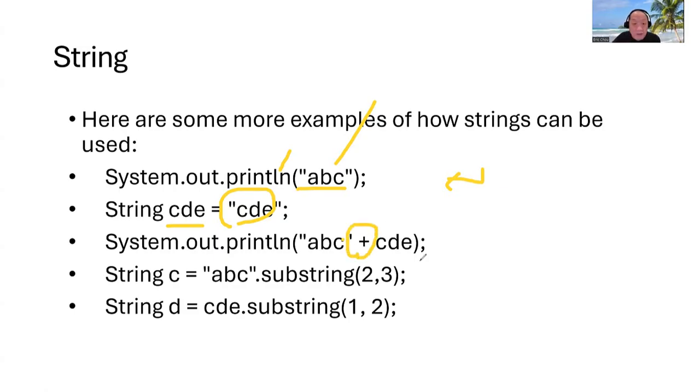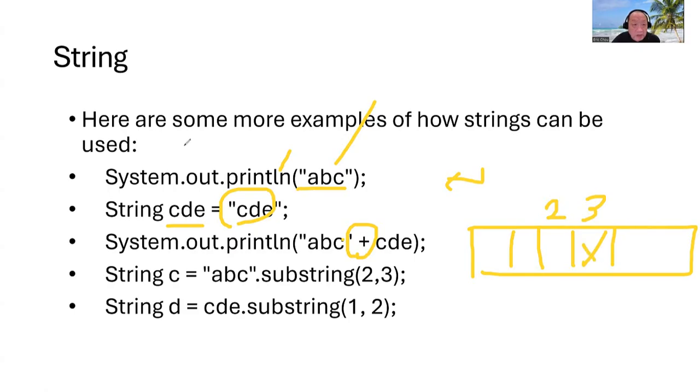You can find a portion of the string, say index 2 and 3 not included. You actually create a substring based on these to create a substring for the ABC. Or you create a substring of 1, 2 based on CDE for a string D. These are different ways of creating strings and working on strings.